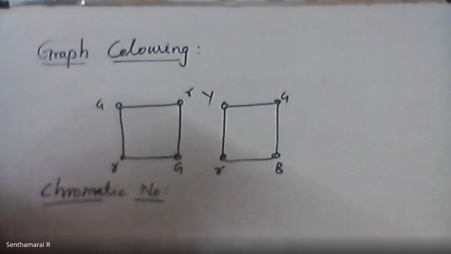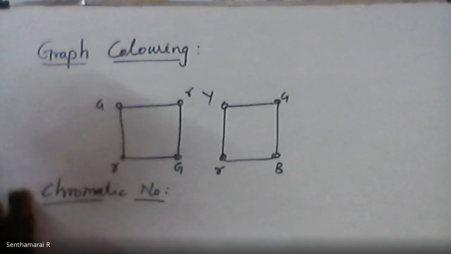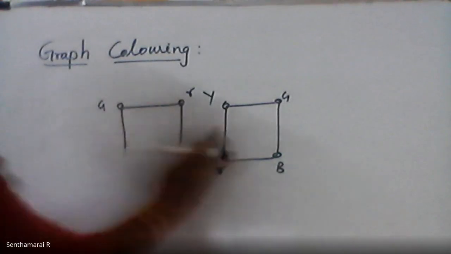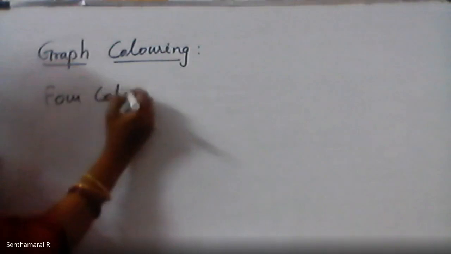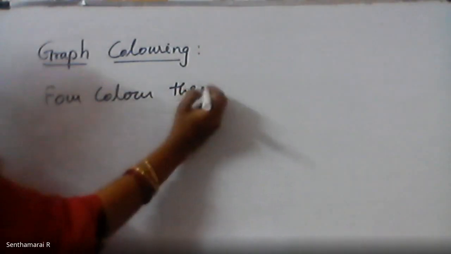And one more theorem which is very important. This theorem, only the statement is in our syllabus. No need to study its proof. That is known as the four-color theorem.